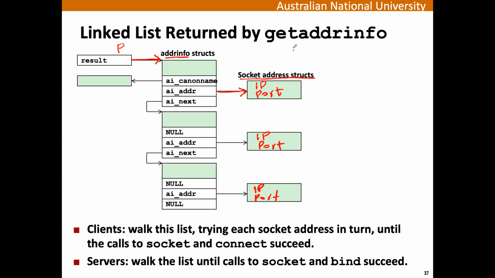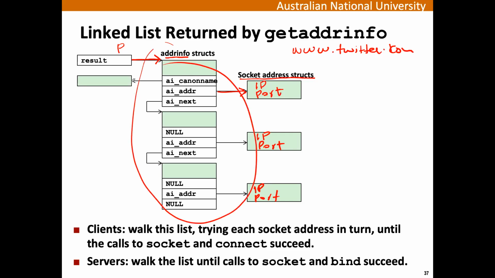So what you need to specify is the host name, and then it will return you this list, and you can try connecting to each of the IP addresses, and whatever succeeds, you take that.